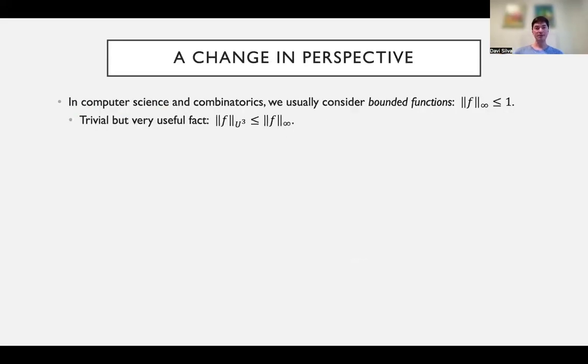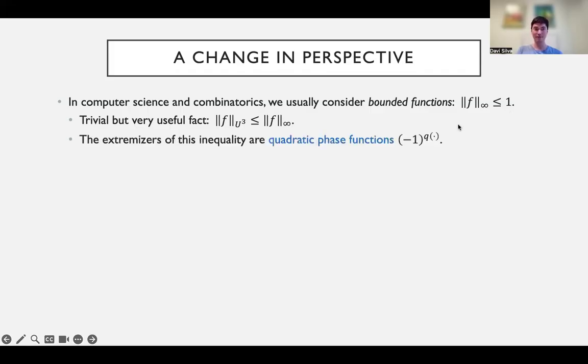Okay, to talk about this, we should first make a change in perspective. Because in computer science and combinatorics, we usually consider only bounded functions, meaning those whose sup norm, the infinity norm, is bounded by 1. And then we have this trivial but very useful fact that the U3 norm is bounded above by the sup norm. If the function is bounded in absolute value by 1, the U3 norm is bounded by 1 as well.